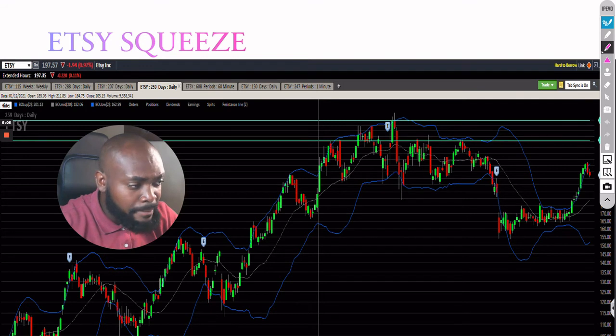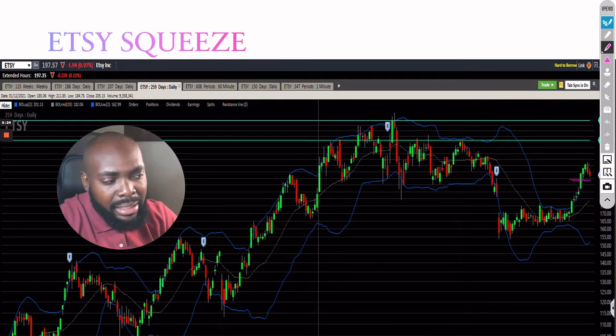Personally, I caught this on the entry right above 175, and I did get out right at this day here because I wasn't confident in what it was going to do next in the short term, because it was moving super slow. So I ended up rolling out of this and moving into something else.